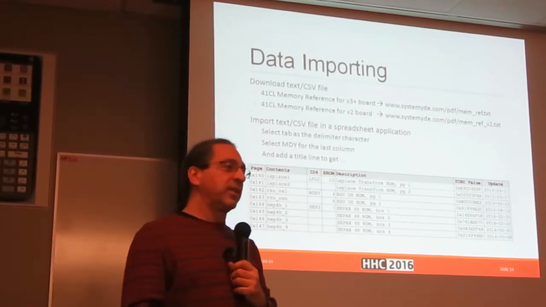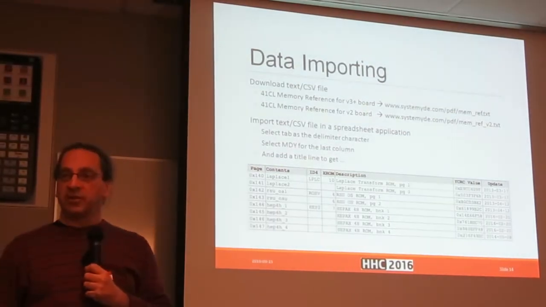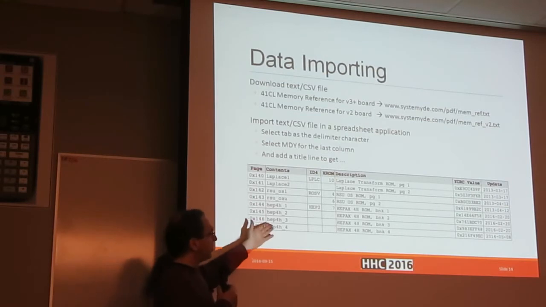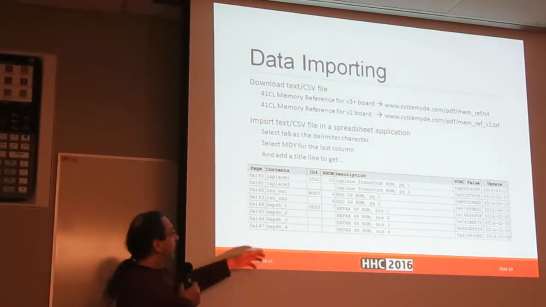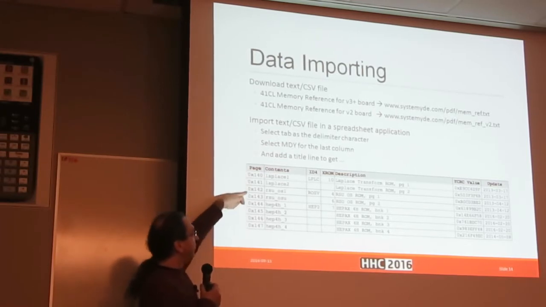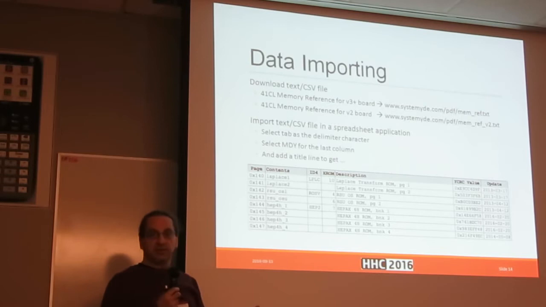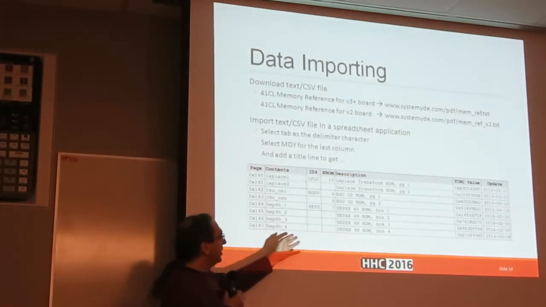The first thing is to download the CSV file, the PDF version and the CSV version. In the CSV version, I load that into a spreadsheet. What you have is the flash pages, which is where that ROM is located. You got the content, what's inside.